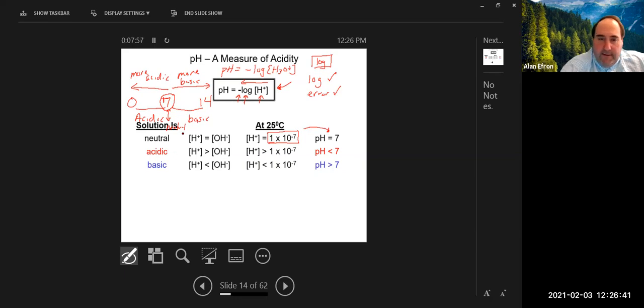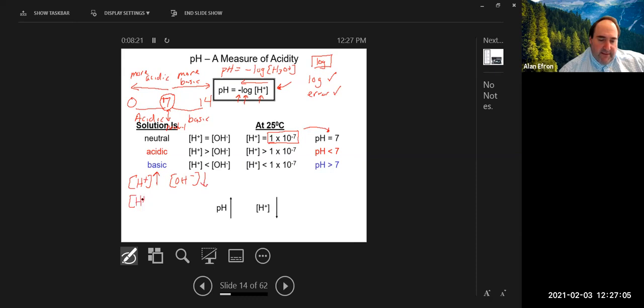Let's talk about an important relationship with pH. As the pH goes up, the H plus concentration goes down. There is also an important relationship between H plus concentration and OH minus concentration: as one goes up, the other goes down, and vice versa.